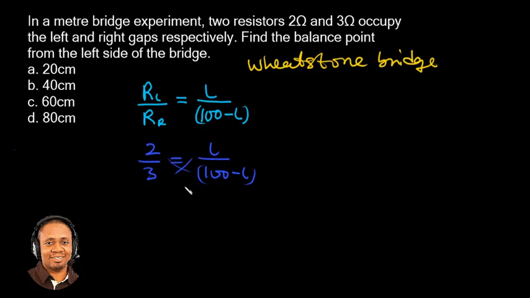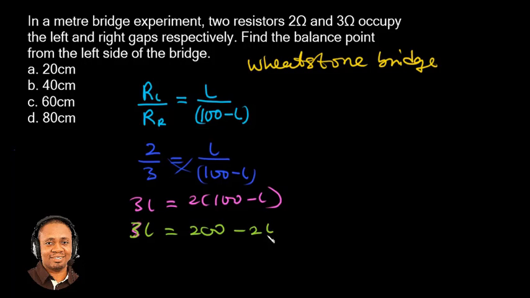So now we cross multiply, so we have 3L equals 2 times (100 minus L). We have to open the bracket now, so we have 3L equals 2 times 100, we have 200, then minus 2L.